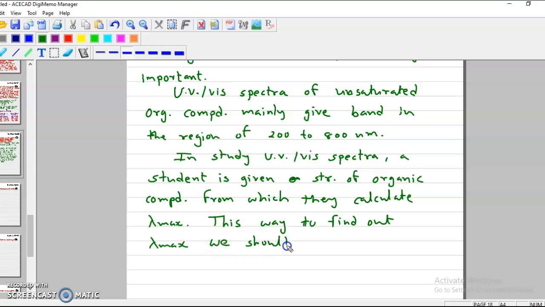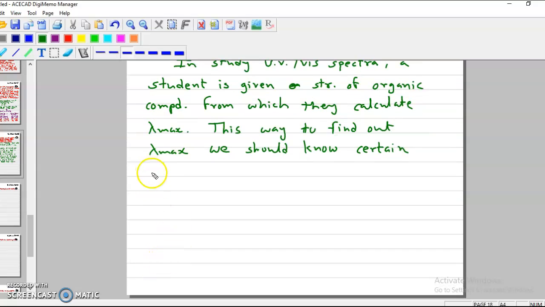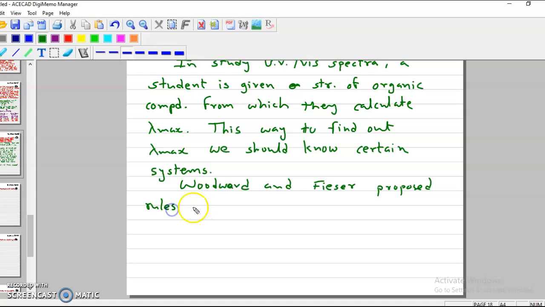So, to find out lambda maxima, we should know certain systems. For that, Woodward and Fieser proposed rules for three organic systems.